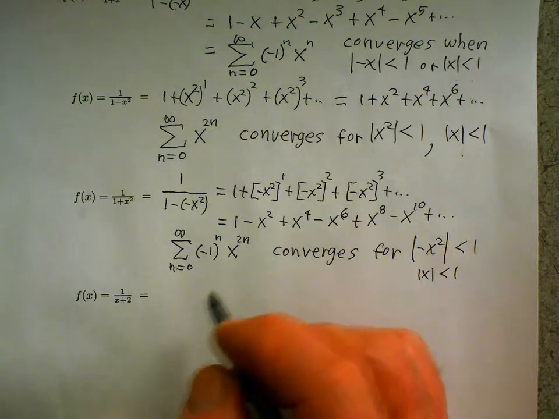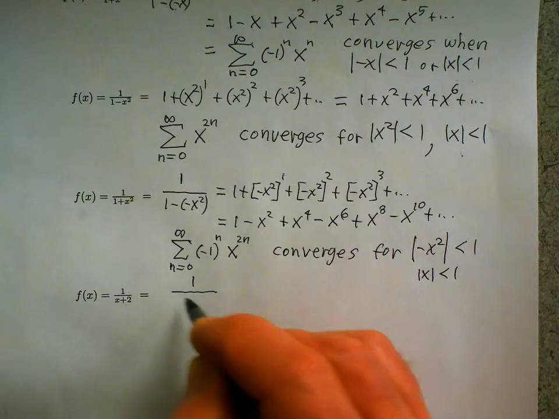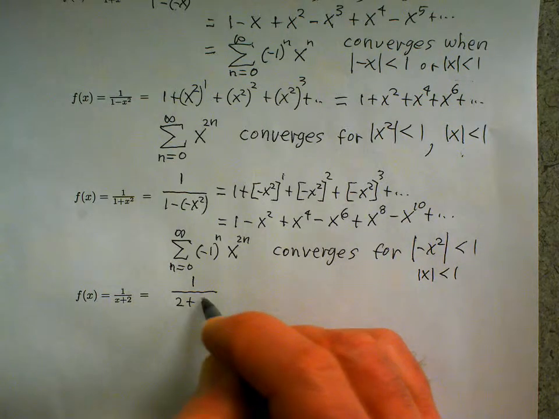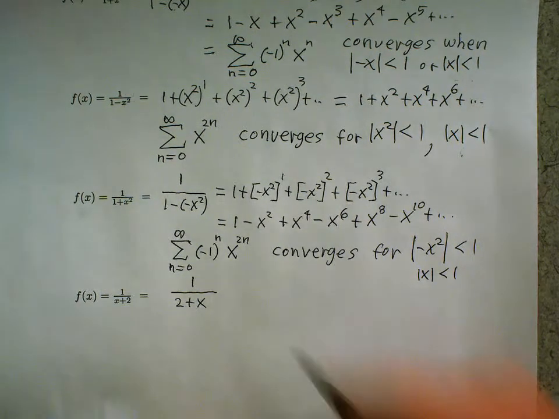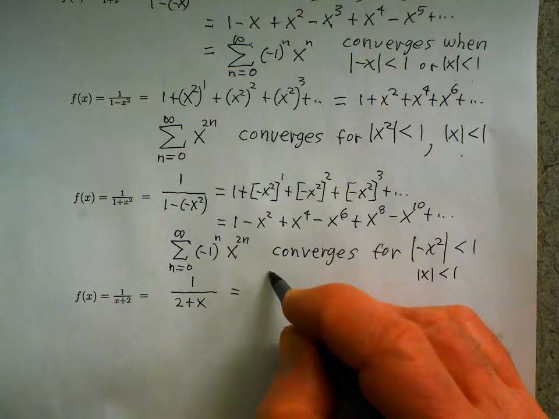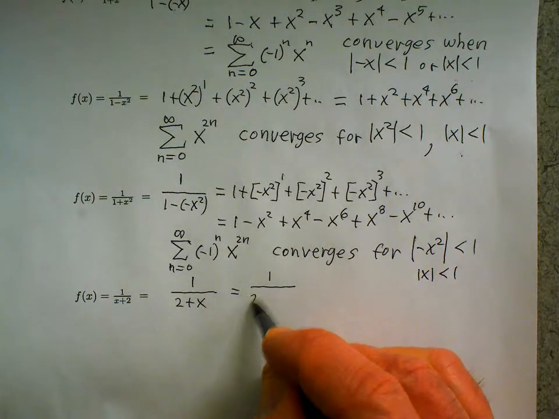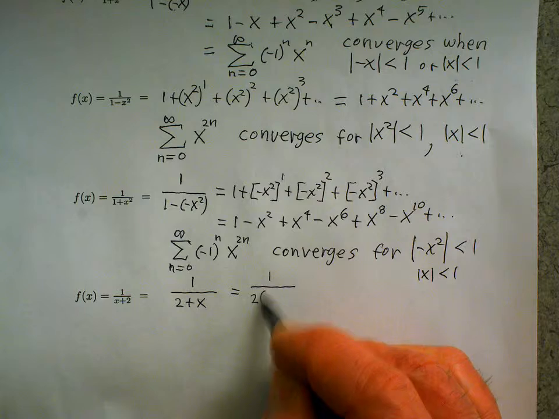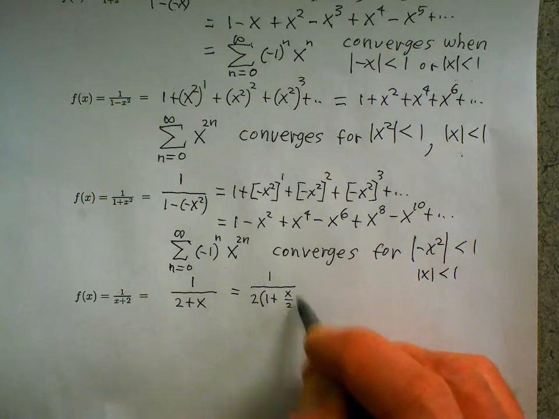Okay, the first thing I'll do is write it as 1 over 2 plus x. And then in the denominator, first I'll factor out 2. So we get 2 times 1 plus x over 2.